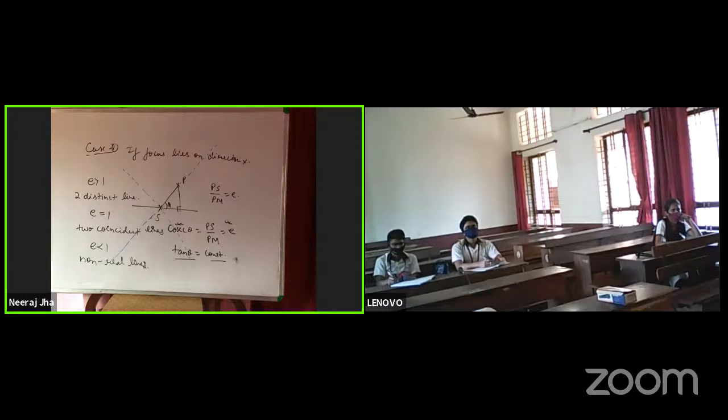So this was the first case, when the focus is lying on the directrix, and this is the case in which you will be getting a pair of straight lines. Please write it.